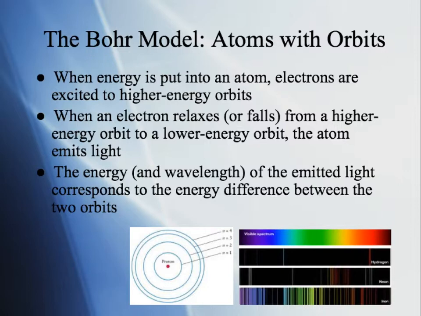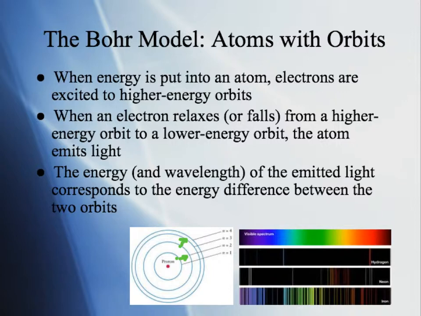All right, his theory works because it explains what he saw in his experiments. When he put energy into an atom, when he electrified it, electrons, he theorized, are going to be jumping from lower energy orbits to higher energy orbits. Remember, the further away you are from the nucleus, the higher the energy.